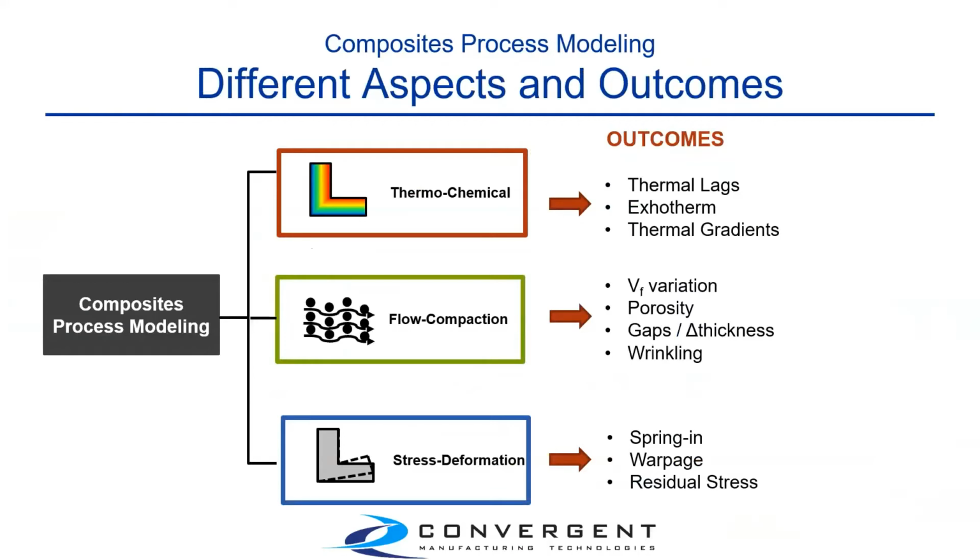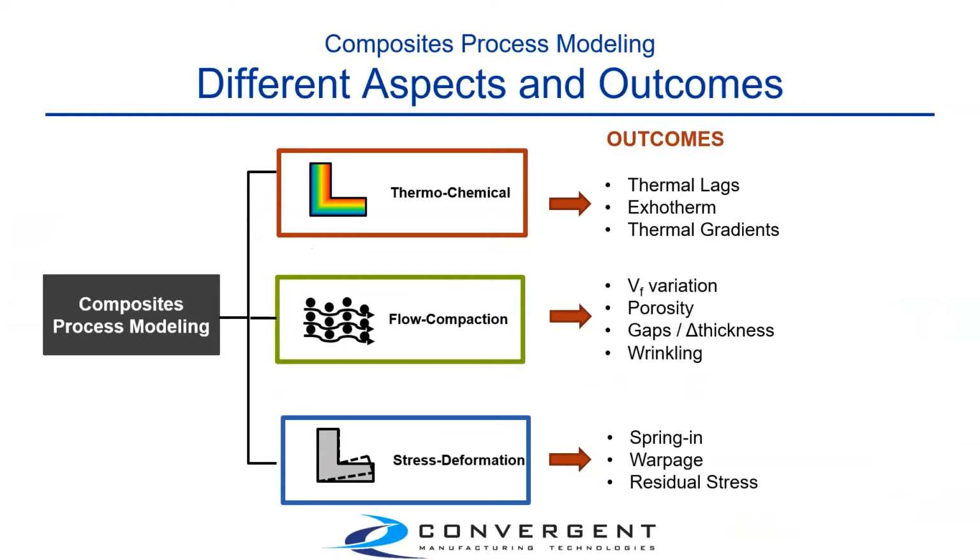There are three basic types of simulation that you can do with COMPRO. There is the thermochemical analysis. The goal of that is to predict the temperature history at every point in the part. As a result, the outcomes are the thermal lags in the part, the exotherm, and the thermal gradient.